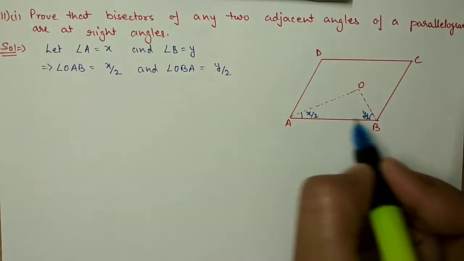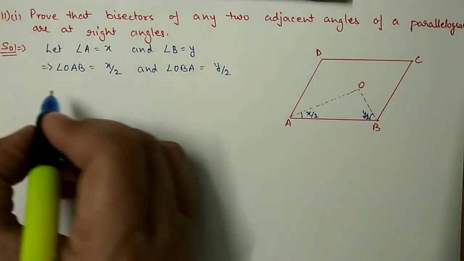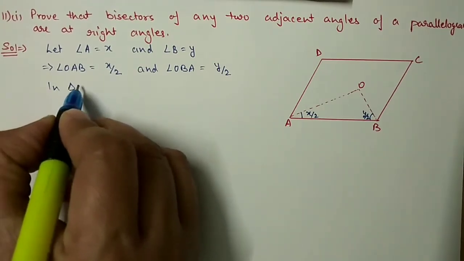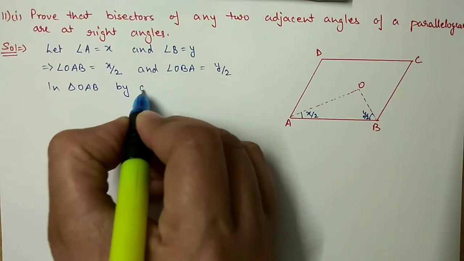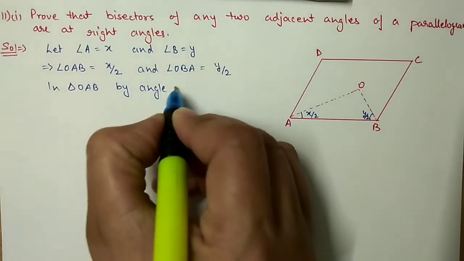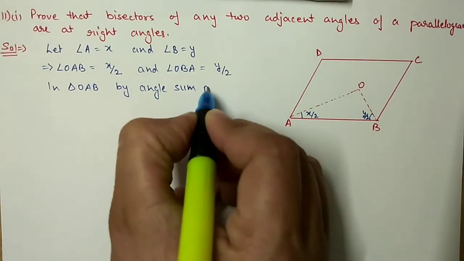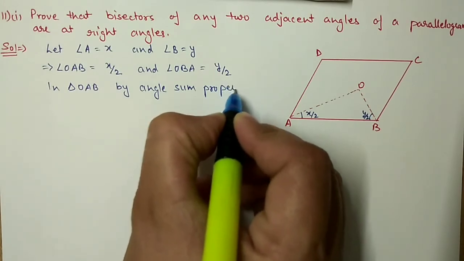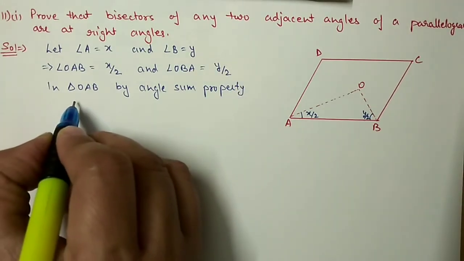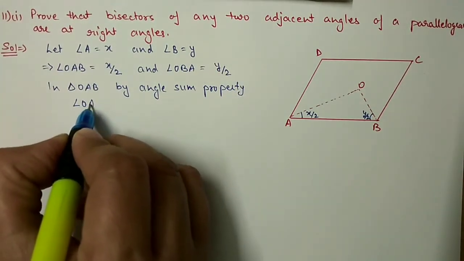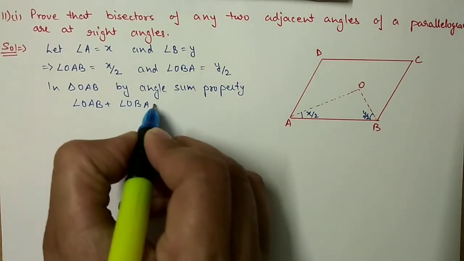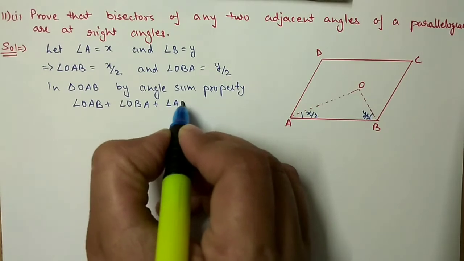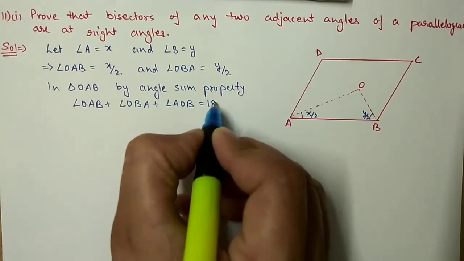Now we will use the angle sum property in this triangle. In triangle OAB, by angle sum property, angle OAB plus angle OBA plus angle AOB is equal to 180 degrees.